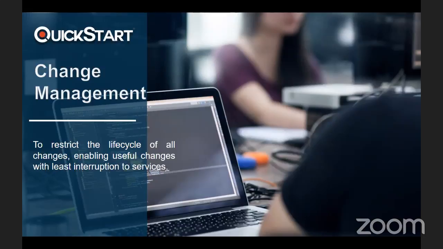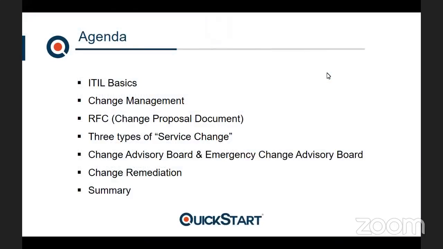Before I get into change management, I would like to say a few fundamental things about ITIL, in case you are new to this field. As we all know, ITIL is Information Technology Infrastructure Library, and we call it a library because it consists of 5 core publications.